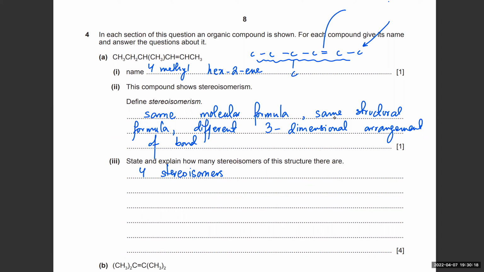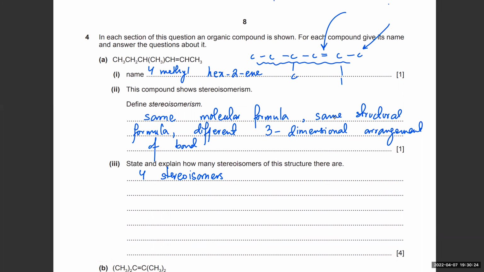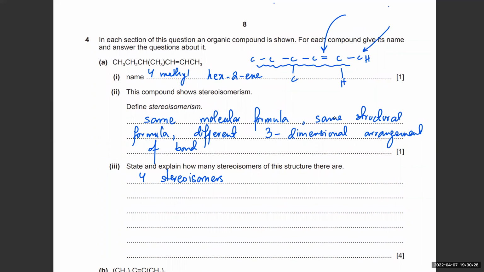Okay, so you've got cis-trans around this double bond, because if I add in the H atoms, for cis-trans the condition is that around the double bond, the carbon must be bonded to 2 different groups, and this carbon is also bonded to 2 different groups. And remember, structural formulas are not 3-dimensional representations.